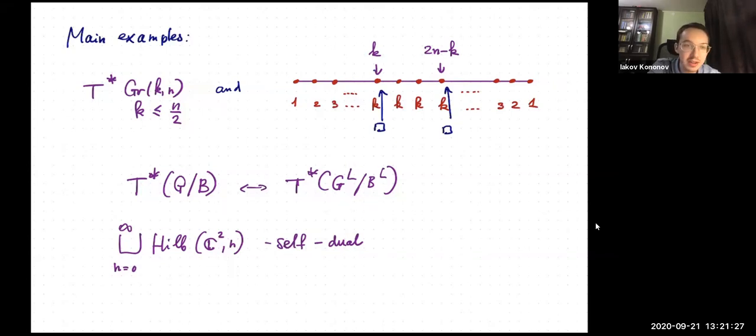And more generally, we can consider T star G mod B and T star of the Langlands dual of G modulo the Langlands dual of B. And also a very important example is the case of the Hilbert scheme of n points on C2.